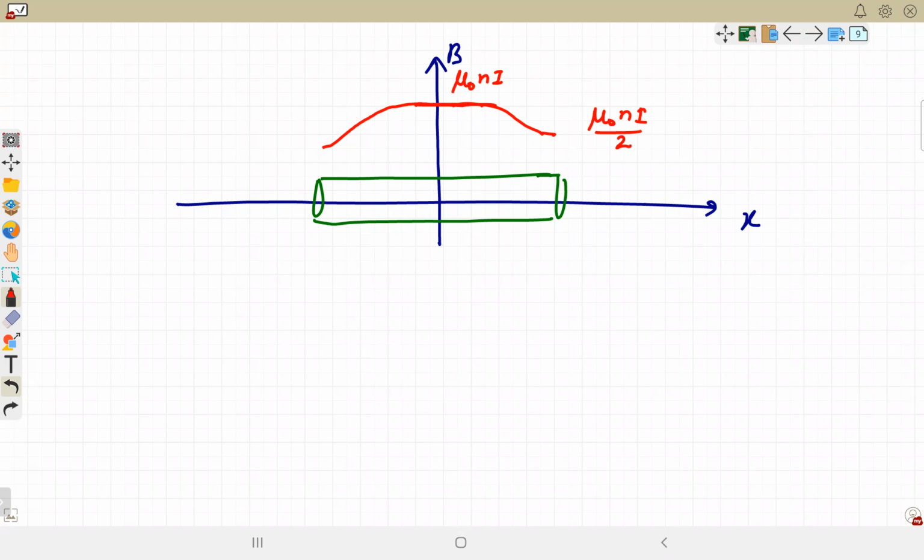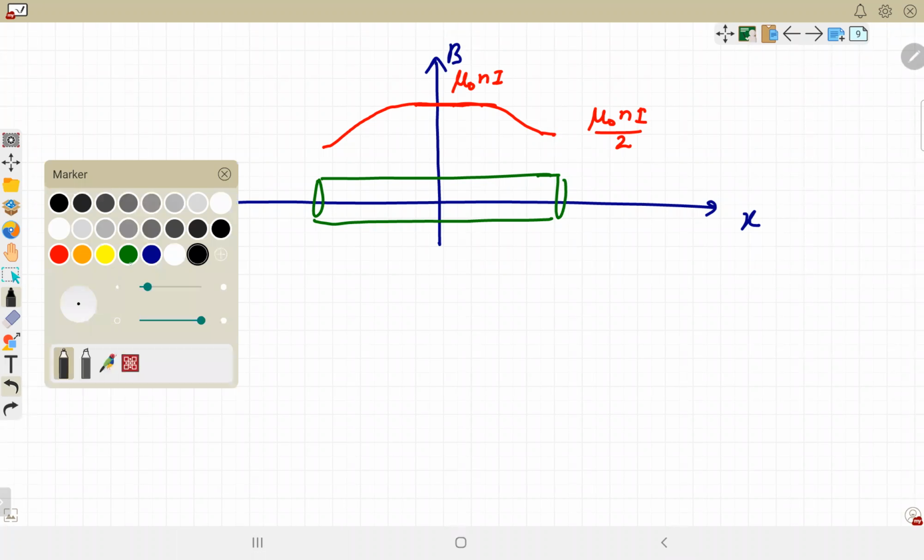नेक्स्ट इज टोरॉइड। टोरॉइड क्या होता है? अगर हम सोलेनॉइड के दोनों एंड को आपस में ज्वाइन कर दें, then that becomes a toroid. Toroid is an endless solenoid, you can say, or a cylindrical tube in the form of a circle, in the form of a closed ring, over which the insulated wires are wound very closely along its circumference.